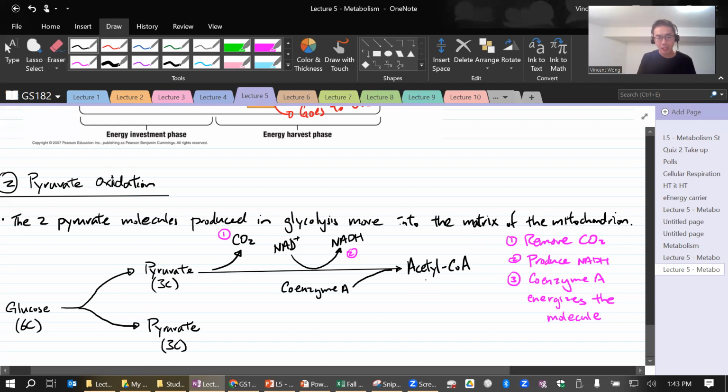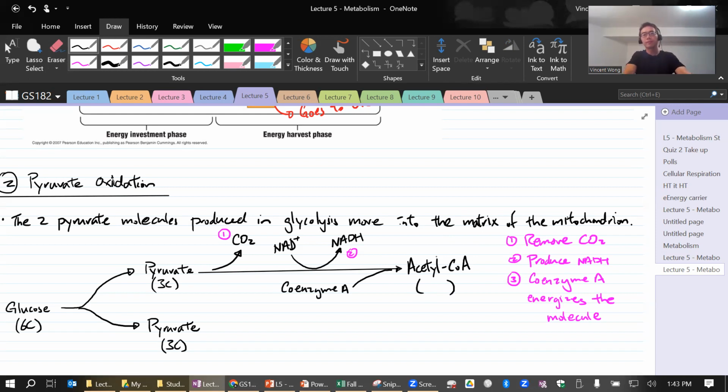Can somebody tell me how many carbons we have in the acetyl-CoA? How many carbons? Anybody? Don't think too hard. It's pretty straightforward. Okay, Justine says still 3. Anyone else? Do you agree it's 3? Do you think it's something else?